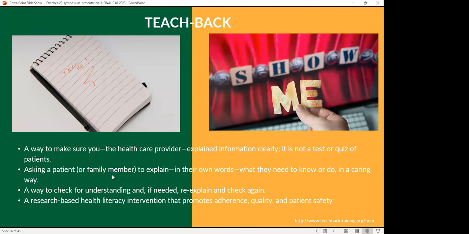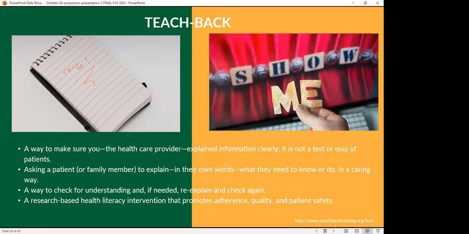So 2 ways to do it in very simple ways is, at the end of you teaching something, to ask the patient to show you or tell you what you just said. It is a way for them to explain it back to you.